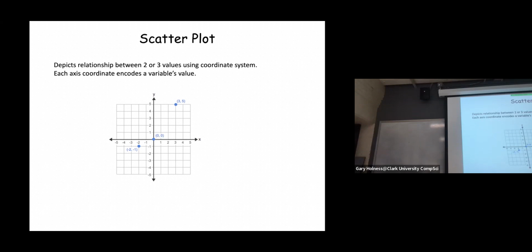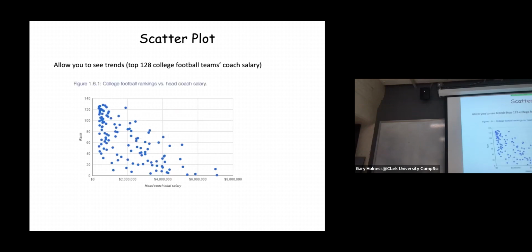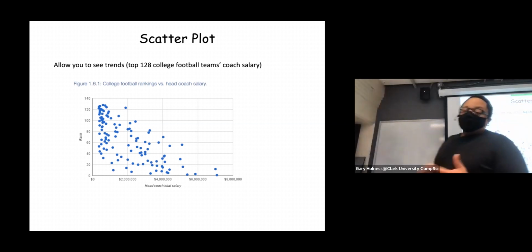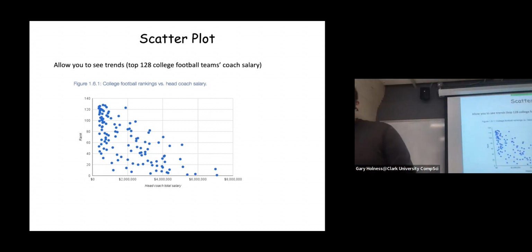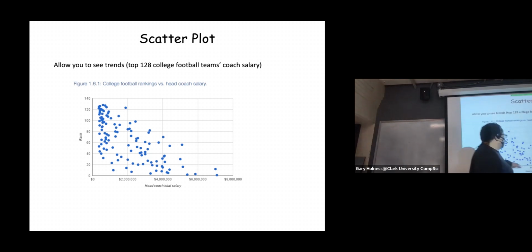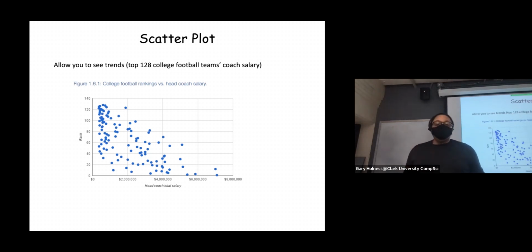Okay. Now, this is another scatter plot, and this is an analysis of national college football team rankings and head coach salaries. Along the horizontal axis, we have head coach salary, and along the vertical axis, we have the rank. Now, this rank is a little bit wonky, right?